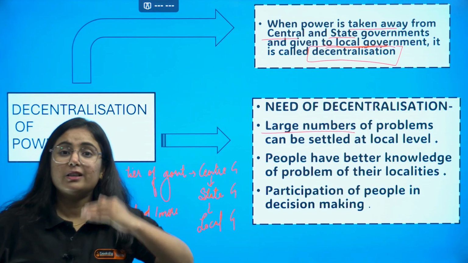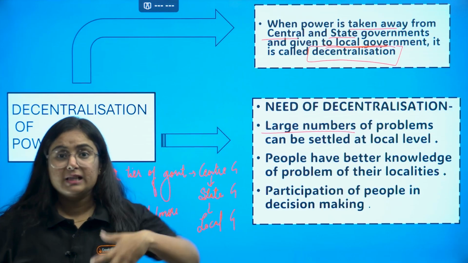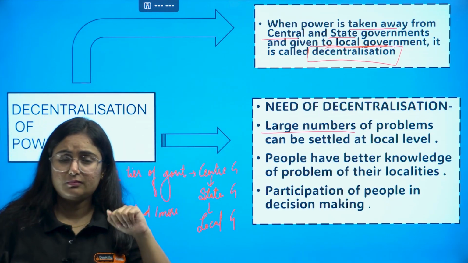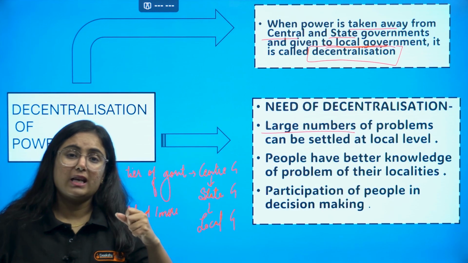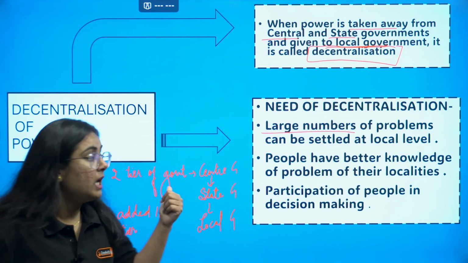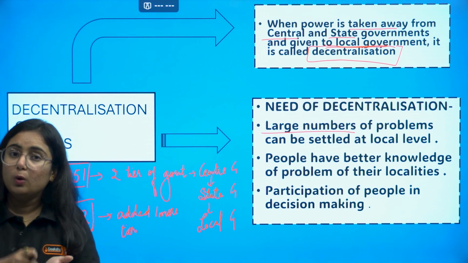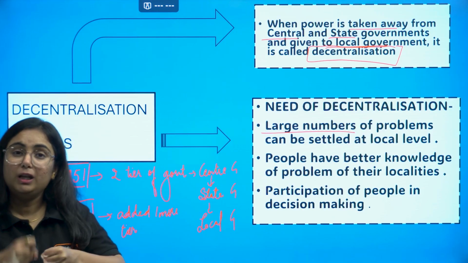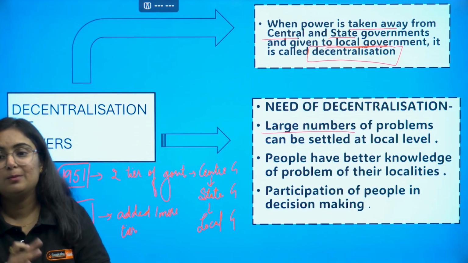Now, to get it repaired, you need to talk to the central government, the agent of the central government, that is the member of legislature, MLA. How will it be possible? An early solution to your grievances was not possible. So they thought that to solve the issues at the local level, we need a local government, because local people know very nicely what they need and how to solve their problems.